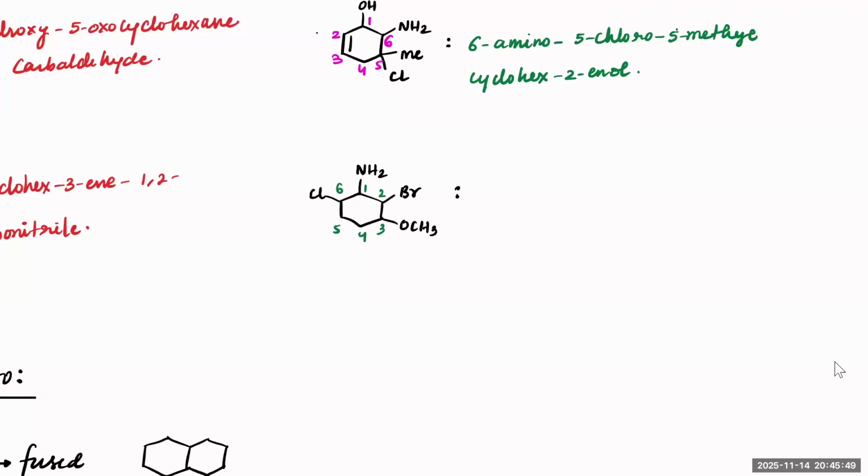So that we will have 2-bromo, 6-chloro, and 3-methoxy, cyclohexanamine.